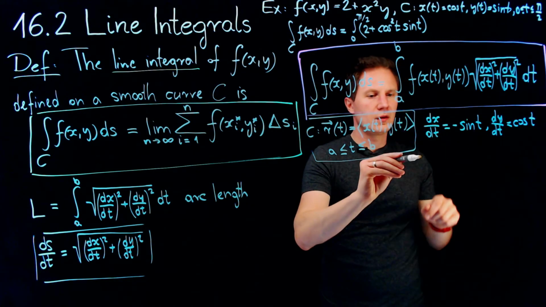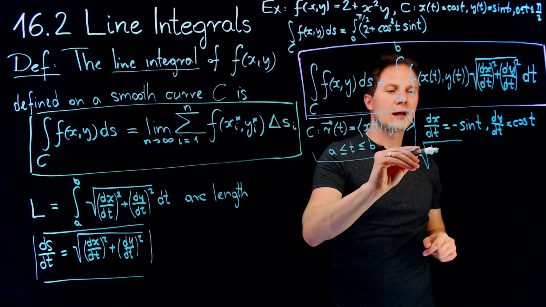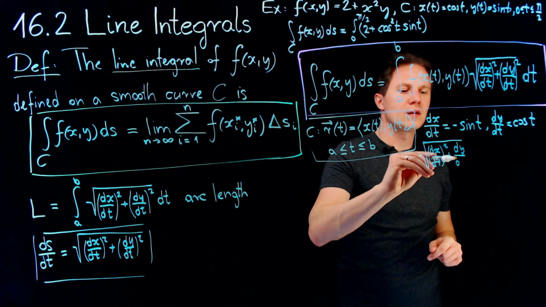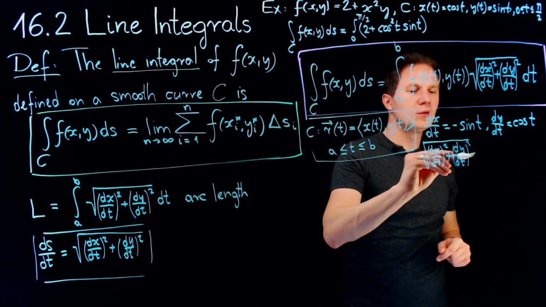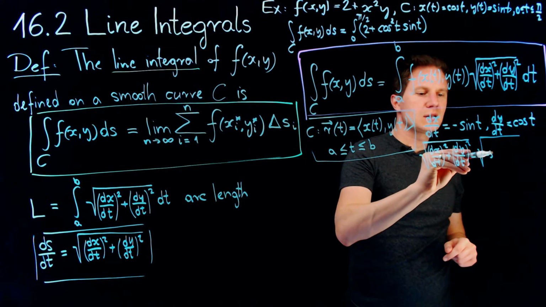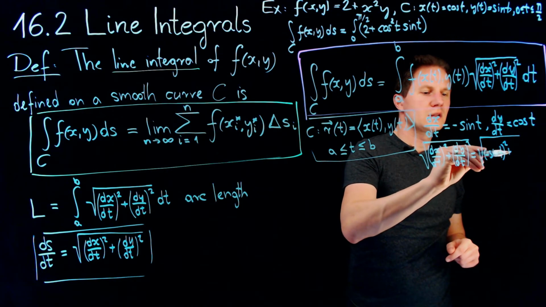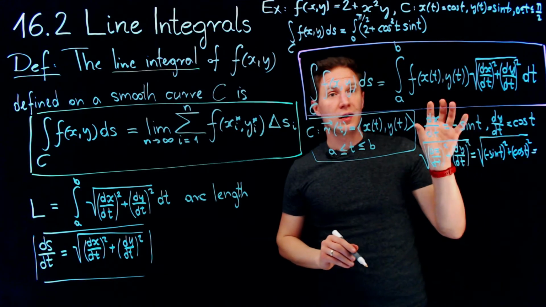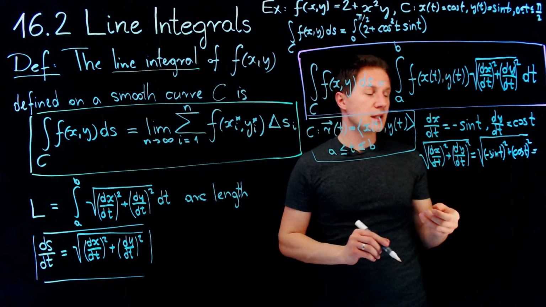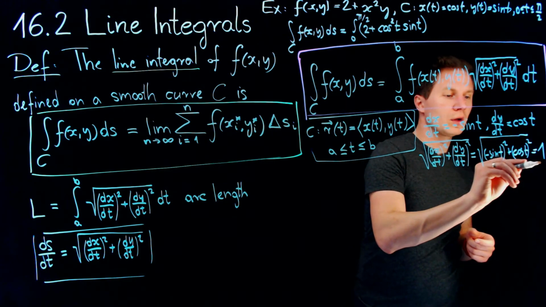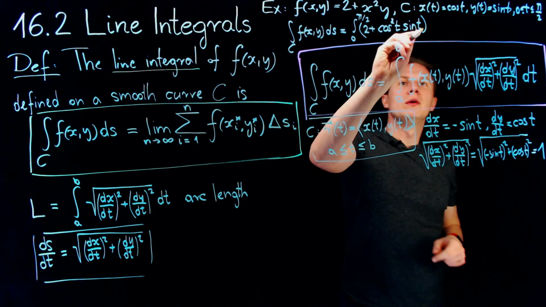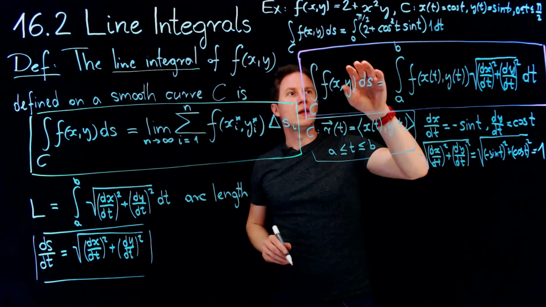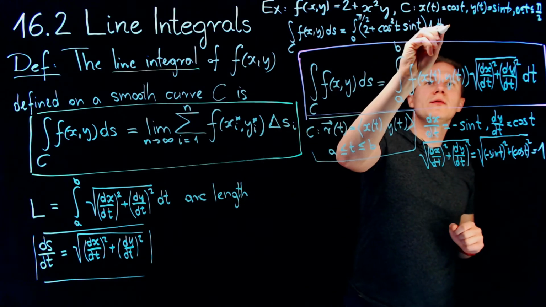So this expression, the square root of dx over dt squared plus dy over dt squared, gives us the square root of minus sine t squared plus cosine t squared. By the trigonometric identity that sine squared plus cosine squared gives you 1, this is just equal to the constant 1. So here we have this constant 1, and then we integrate with respect to t. Integrating this function is not too difficult.